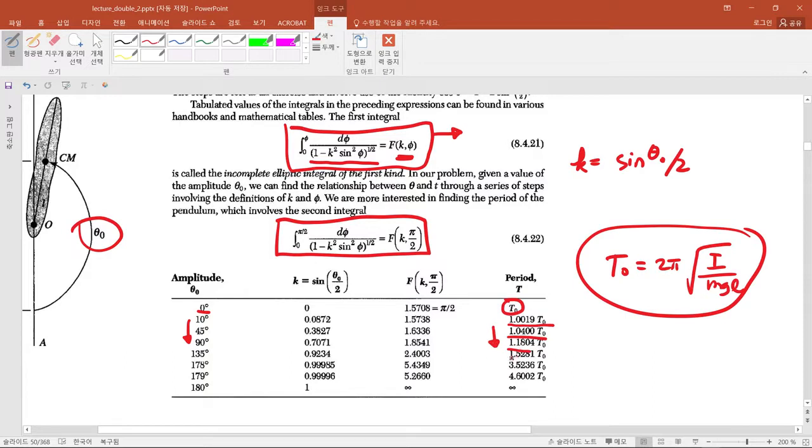So when theta 0 is equal to 135 degrees, for example, how much is it? 135 means around here, so this is 45. You just drop the rigid body here. It starts like this, and then the period is 1.5281 T0.